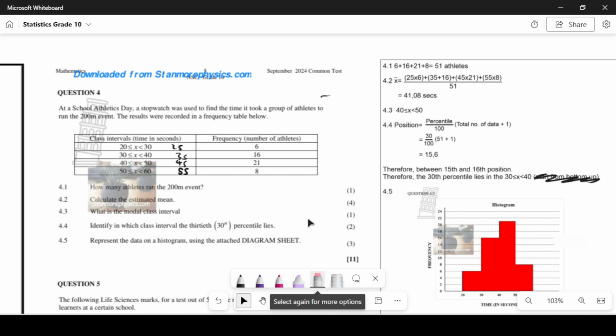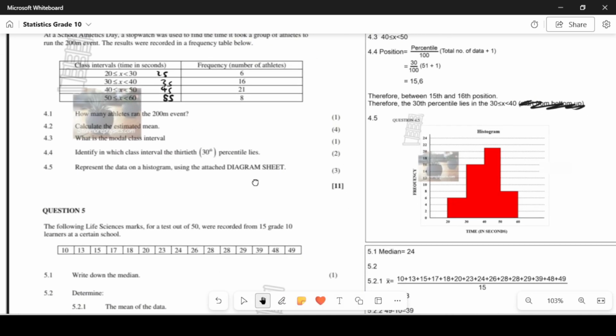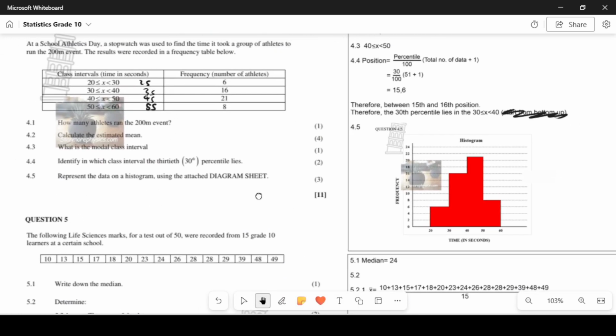Okay. The next one is represent the data on a histogram using the attached diagram sheet. So it's very simple. Between 20 and 30 will be the first interval. How many of that do we have? We have 6. Between 30 and 40, how many of that do we have? We have 16. Between 40 and 50, 21. Right?